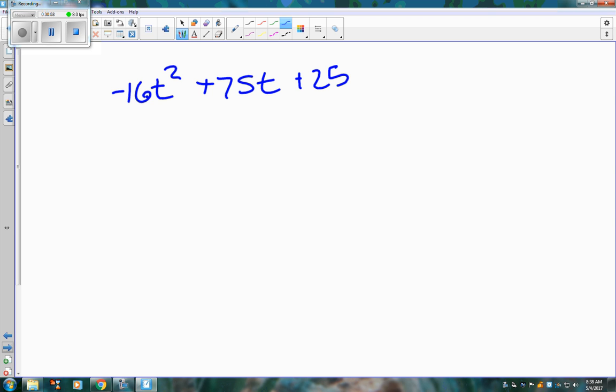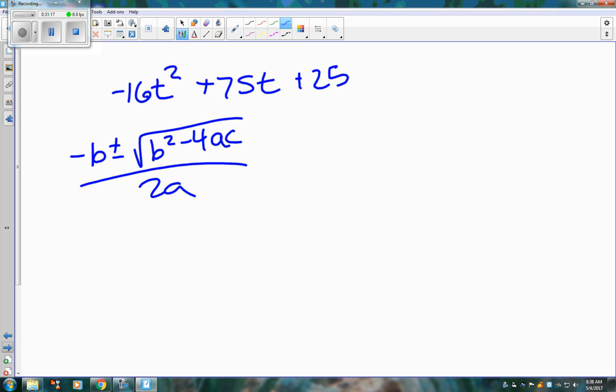Now to find out if it's A or B, use the quadratic formula. Opposite of B plus or minus the square root of B squared minus 4AC all over 2A, where A is negative 16, B is 75, and C is 25.